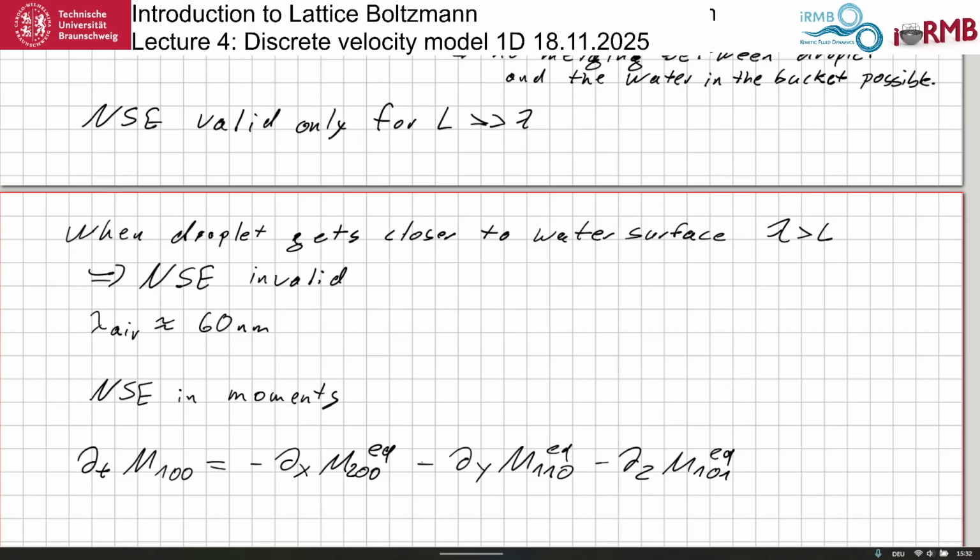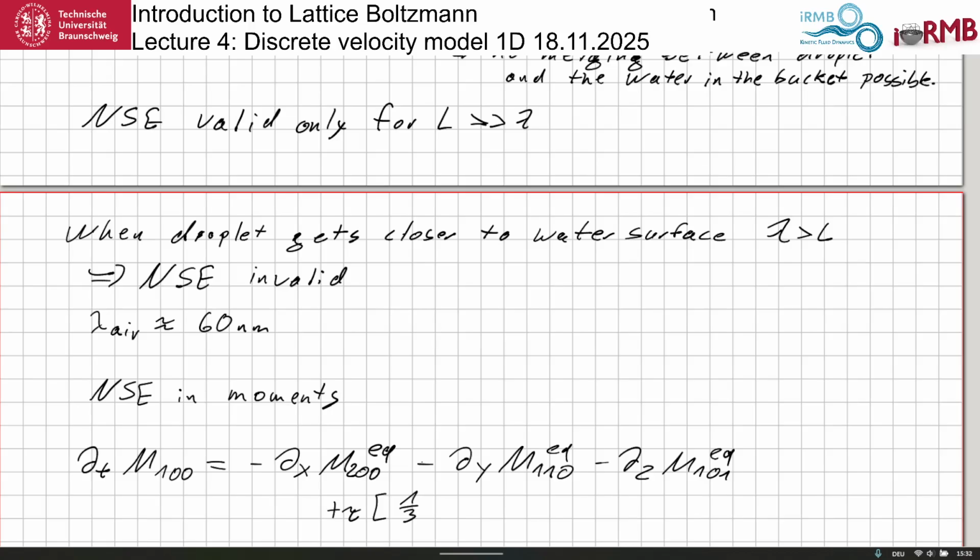So that's until here, this is the Euler equation. And then we get this dissipative part. We don't have enough space in one line, so I have to write this in the next line.